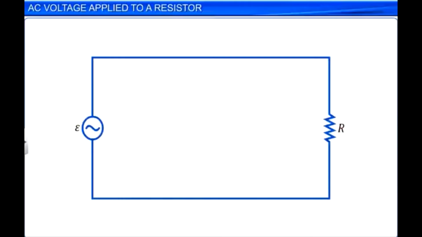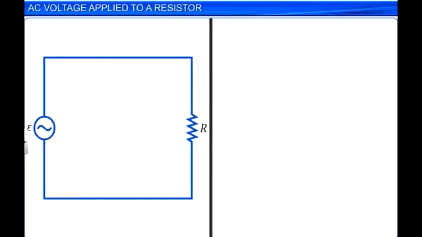Let us study what happens when an AC voltage source is connected in series to a resistor with resistance R. The potential difference provided by the AC source is expressed as V is equal to Vm sin omega t. Here, Vm represents the amplitude of the voltage and omega represents the angular frequency of the oscillations of the potential difference.